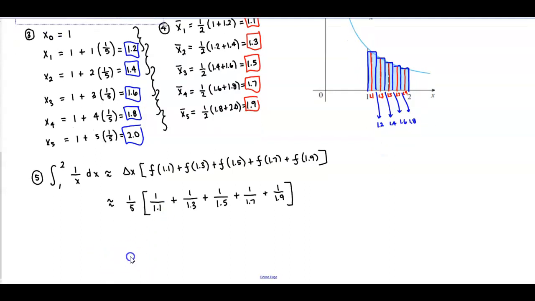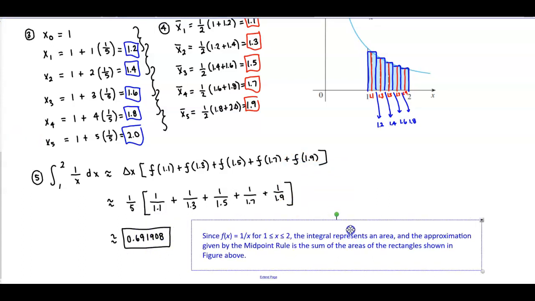Therefore, we get an approximation of 0.69198 for the area under the curve.